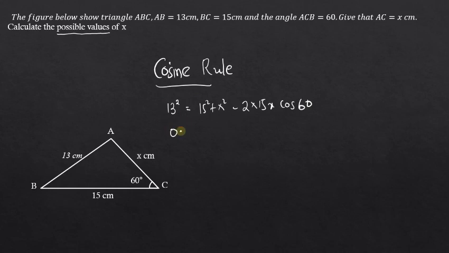So I'll be having 0 equal to x squared minus 15x plus 15 squared minus 13 squared.